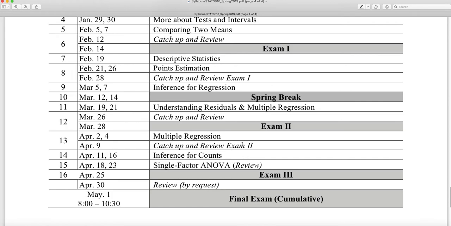For the final exam, I have an optional class, so you can attend and we can review the concepts. But you don't have to attend on April 30, which is just an optional day. And if none of you is interested in our review session, I cancel that optional review class.